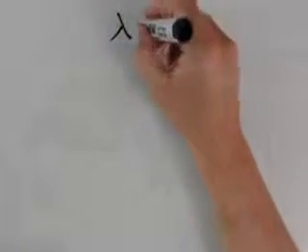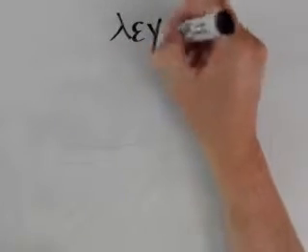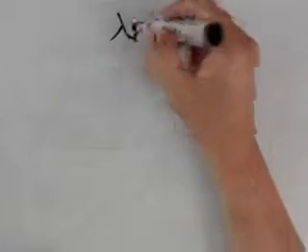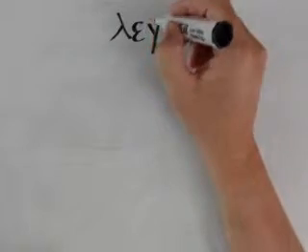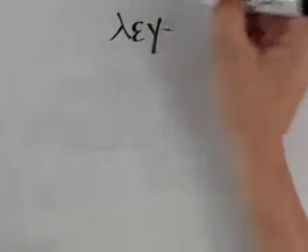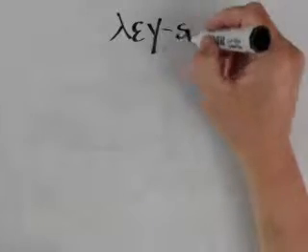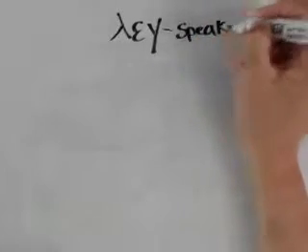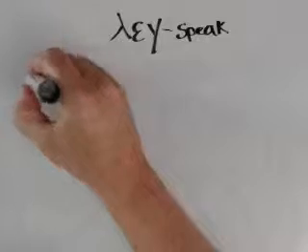So present, indicative, active. Let's take the verb from the noun logos. Let's just take leg, Lego, and this is speak. And then let's set our chart up.